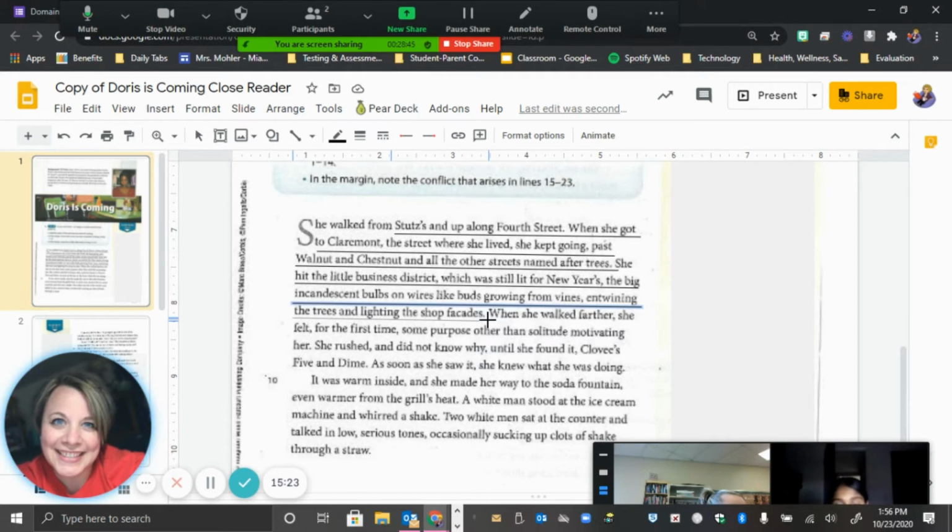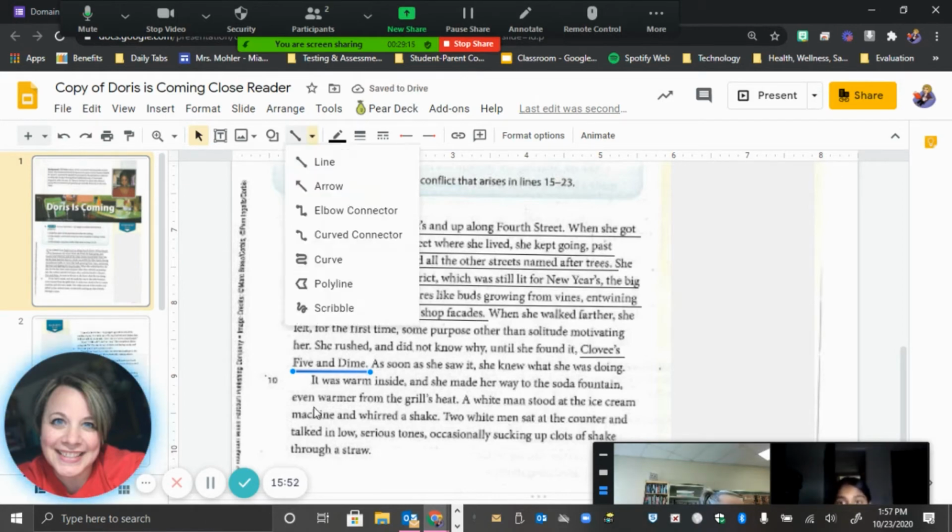So here's my question. Are we analyzing any of this, or are we just identifying the setting? Yes, we're just identifying. There's one last part, Clovey's 5 and Dime. And then she does describe the setting.